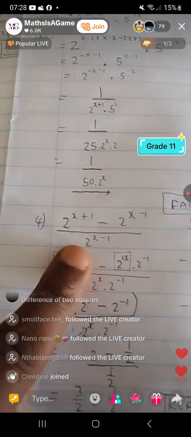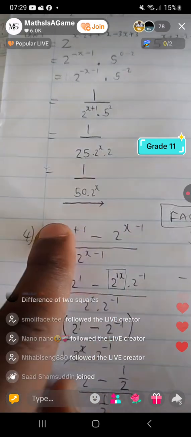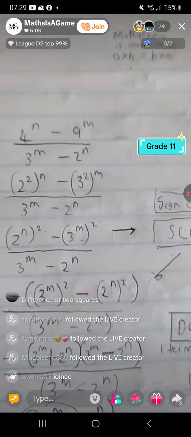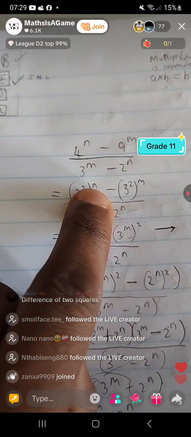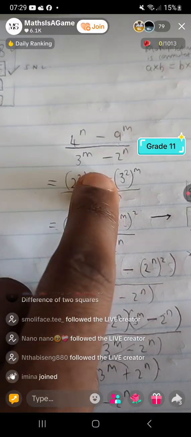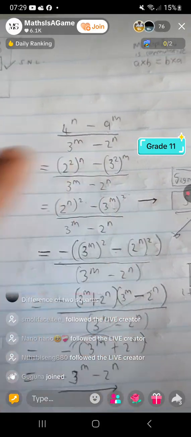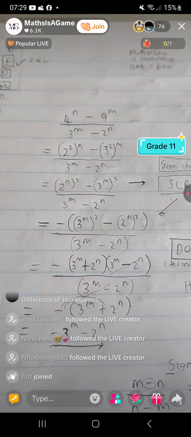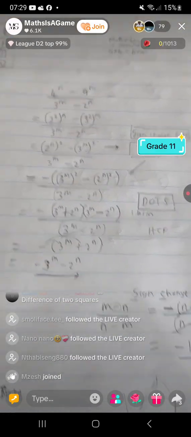Here, for instance, because the variable x has the same coefficient, we split and take out the common factor. In this case, the coefficients of the variables are 2n and 2m. Different variables, but there's a difference. So that tells you that some type of factorization is going to have to be applied, and it's a difference of 2 squares. If you know it, you know it.